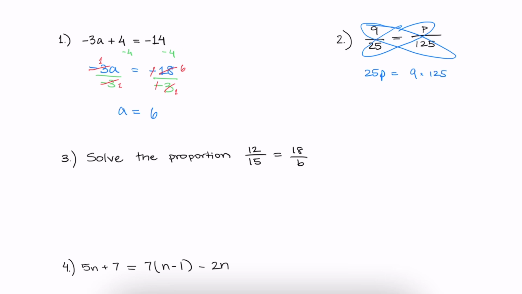I'm going to leave it like this because it's a little bit easier if you don't multiply out this 9 times 125, because if you look here and you multiply both sides by 25, you can see that 125 is divisible by 25, so you can reduce this to 5 and this to 1. So this becomes p equals 9 times 5, so p equals 45.